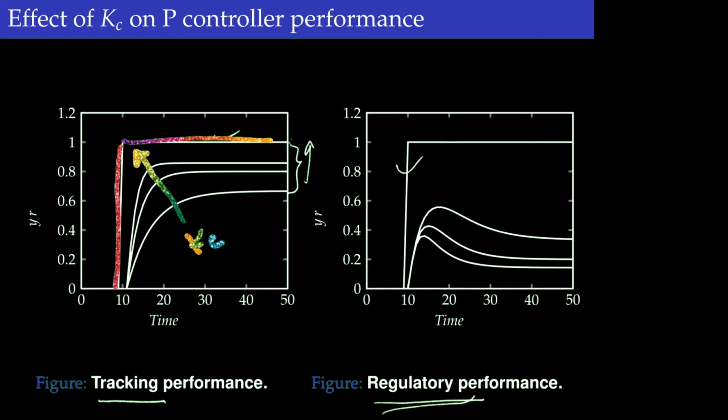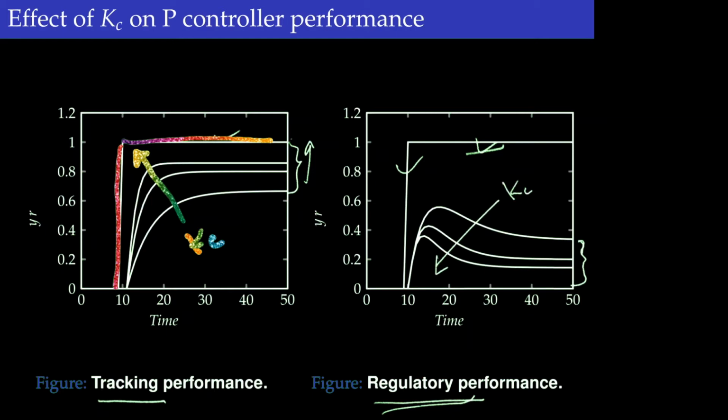We also look at the regulatory performance of the controller, where there is a change in the disturbance. This is the disturbance in this case, and the controller responded to it. The purpose of the controller is to bring the process back to the initial value. However, you see that the process moves away from the initial value and is not brought back to it. This is in the direction of increasing Kc.